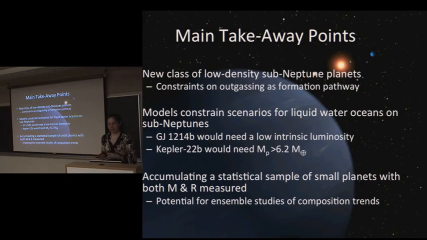And then as more and more of these sub-Neptune planets are discovered, I'm looking forward to studying composition trends to be able to hopefully map out the transition between rocky planets and planets with voluminous gas layers.